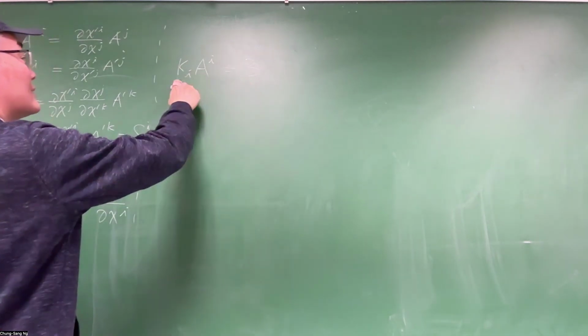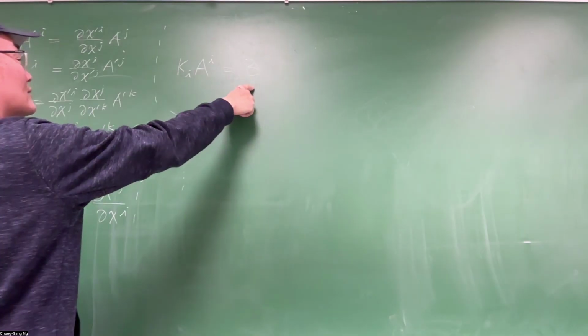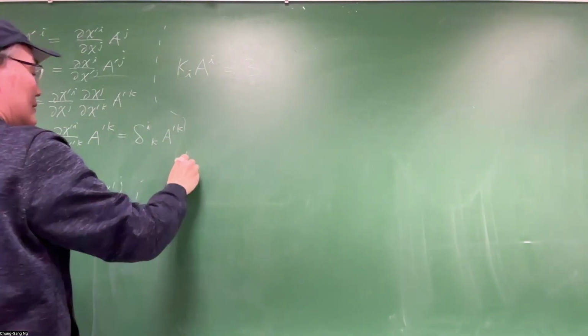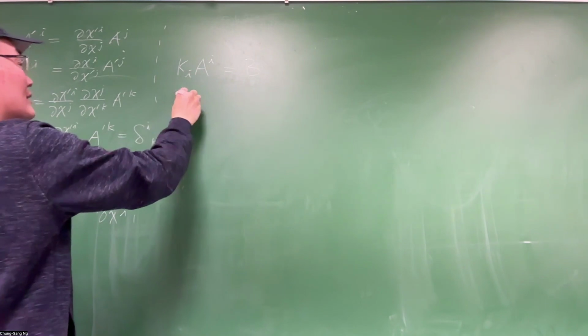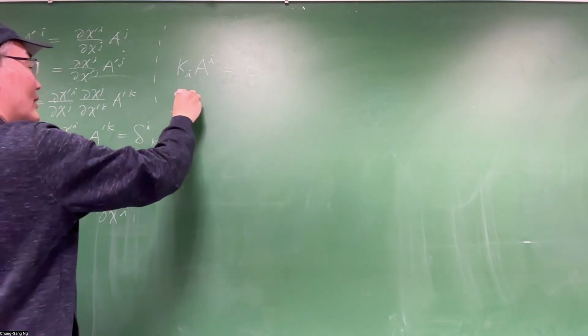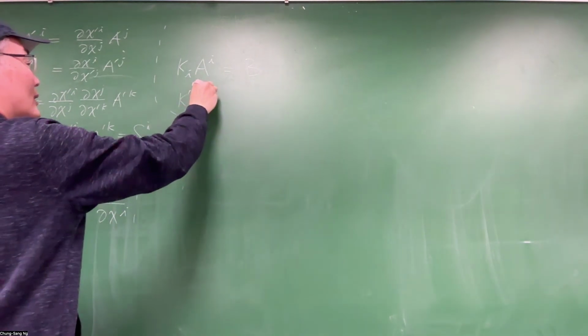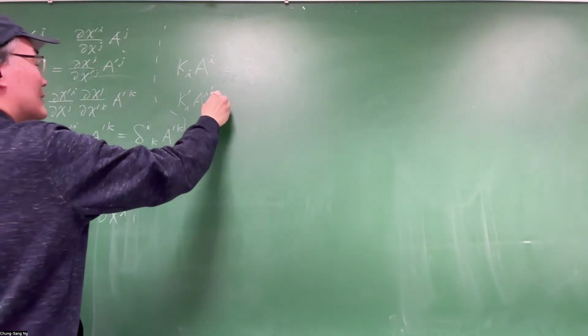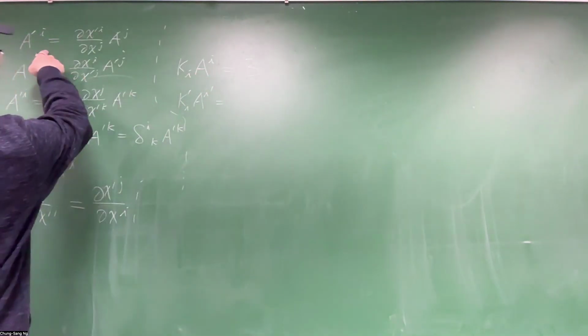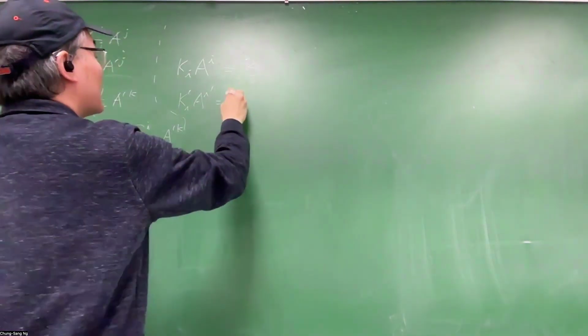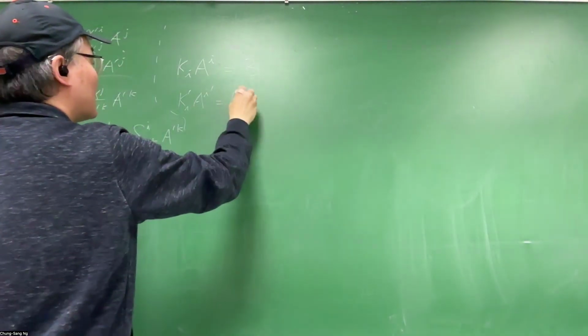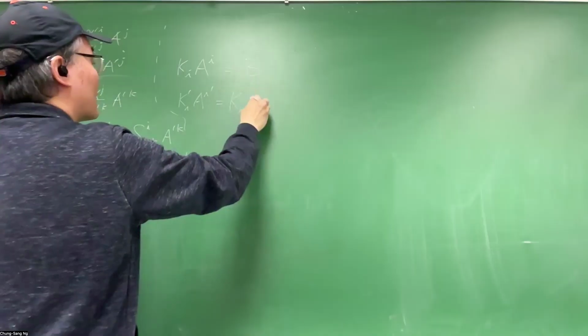If you transform this equation, you see that it becomes k_i prime, a_i prime. According to this transformation rule, this is k_i prime.